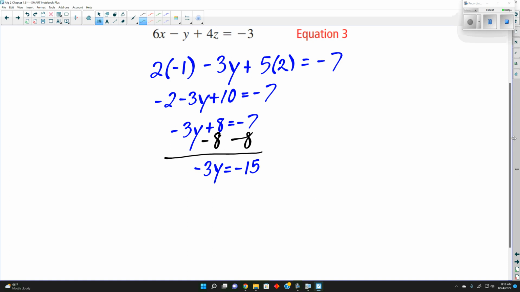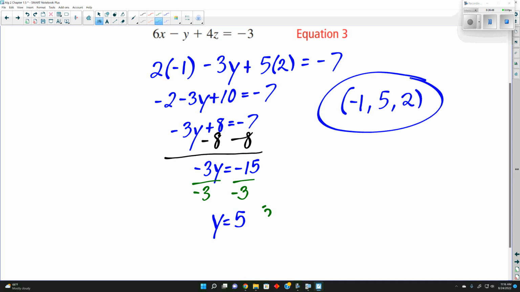One more. And last but not least, minus y is equal to -5. So -1, 5, and 2 is the solution. It is the point that all three of these planes cross.